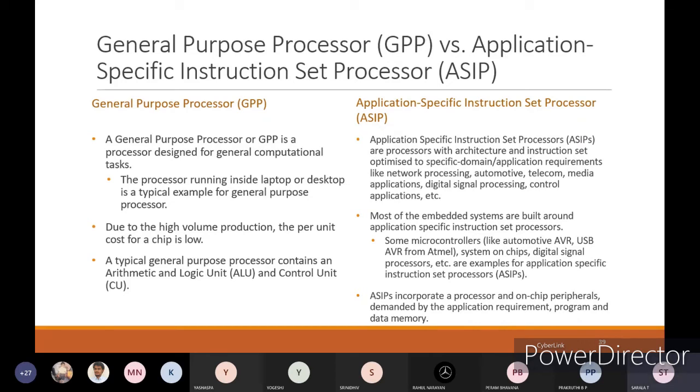And a typical general purpose processor contains an arithmetic and logic unit and a control unit (CU). And ASIPs incorporate a processor and on-chip peripherals demanded by the application requirements, program and data memory.